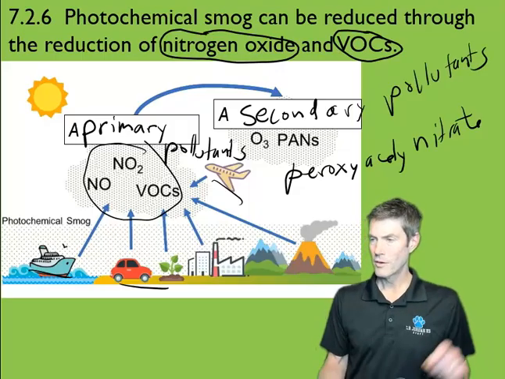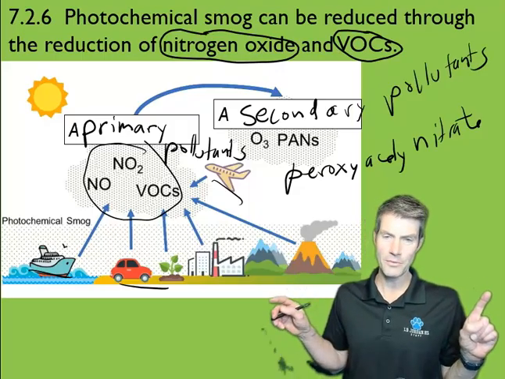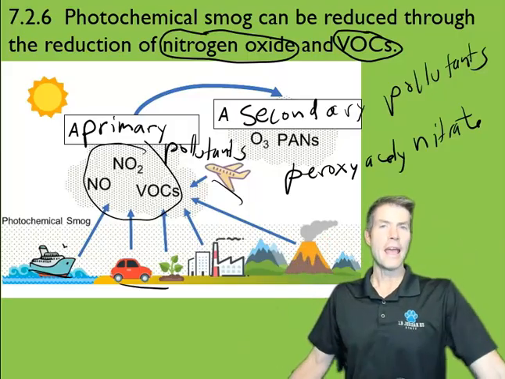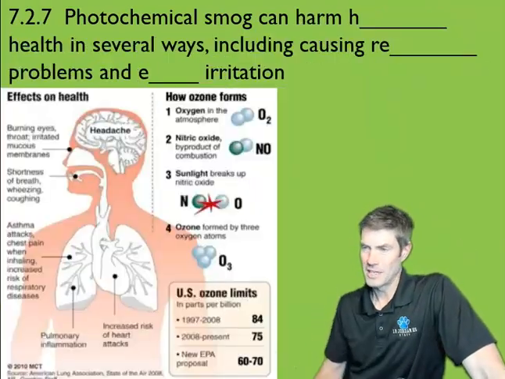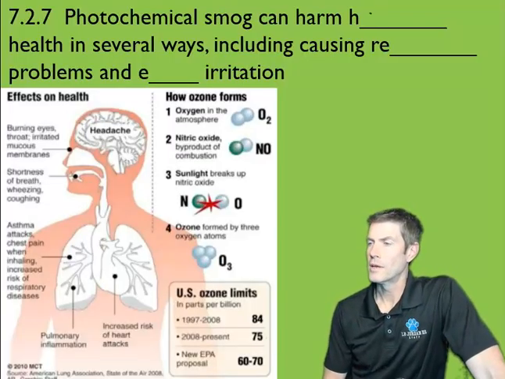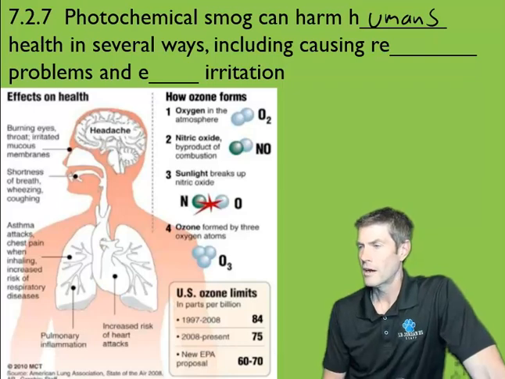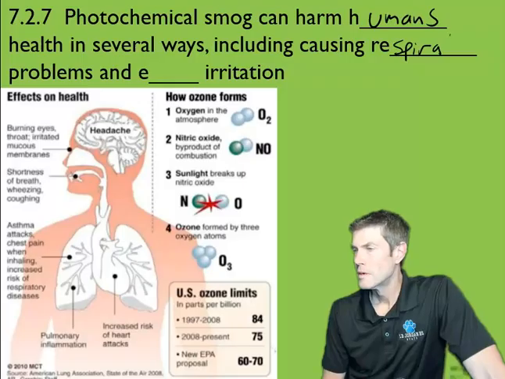Again, remember, what do the PANs really mess up? Think to yourself. Plants and your eyeballs. Your eyes are very sensitive to that. Okay, so they can harm human health in all these ways you see on the diagram, causing respiratory problems, like you can imagine.